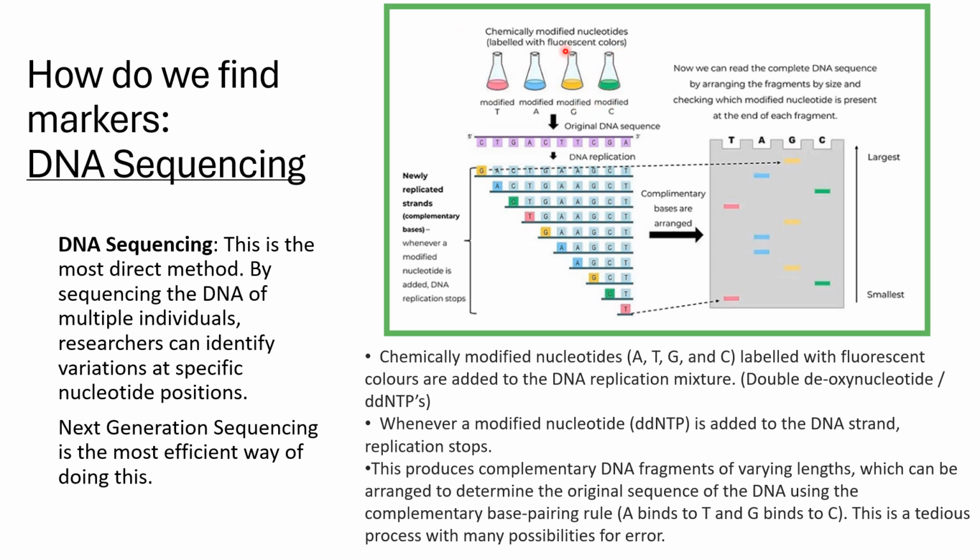And in these 4 different vials, in every single one of them, you've got normal nucleotides, okay? So the normal thymine, the normal adenosine, the normal guanine, the normal cytosine, they're all in there. And in every single one of them, there's also primers, lots of primers.